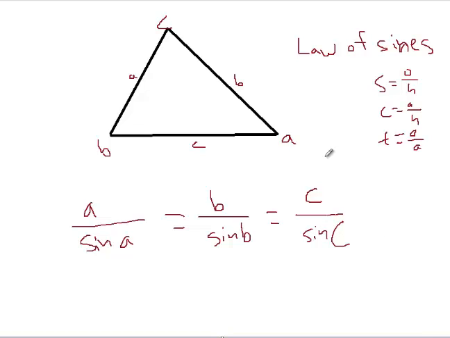So for example, let's say angle A is 30 degrees. And let's say angle C is 70 degrees, and so angle B is 80 degrees. That was what it would have to be in order to add up to 180.